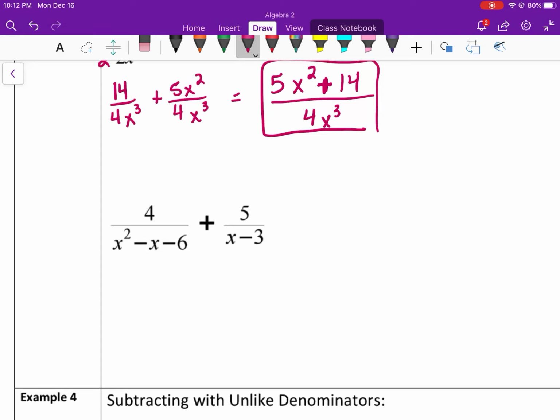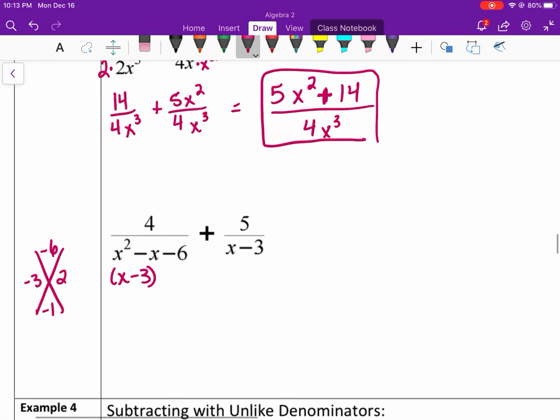In order to see what the next example has for like terms, you do need to factor the first one. So factors multiplies to -6, adds up to -1, -3, and 2. It is just x squared, so that'll be x minus 3 and x plus 2.